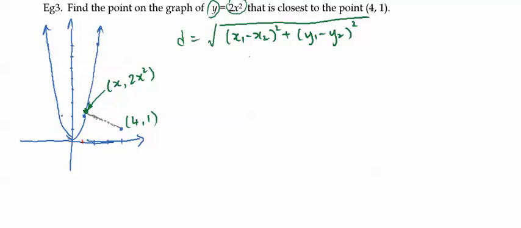And that means I can now set up my distance formula to be the square root of (x minus 4) squared plus (2x squared minus 1) squared.